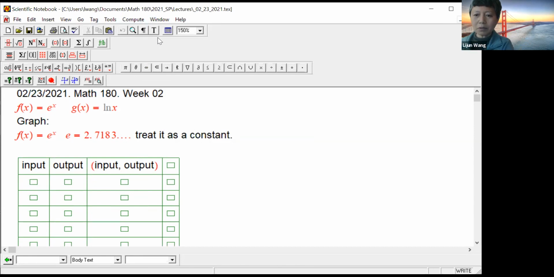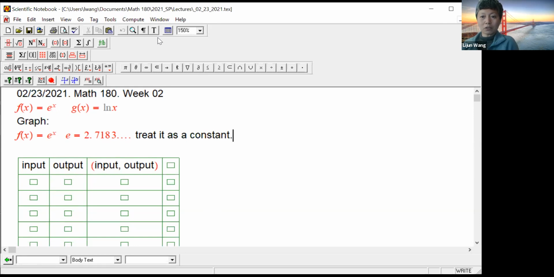You see, this symbol is so important. In the entire field of mathematics, this letter e is reserved only for this number. This letter e usually is not used for anything else. If you go through all the mathematical textbooks, you never see e being used for something else.